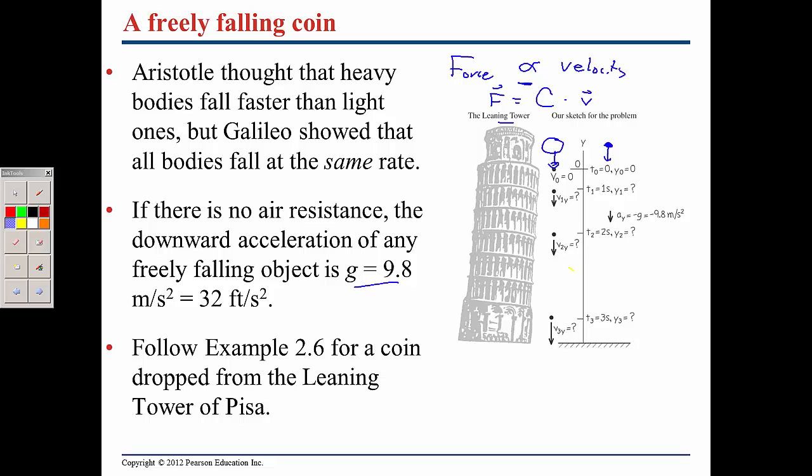And he was able to measure that rate as the acceleration due to gravity, which I mentioned on the last slide. Again, very important, this number. We're going to be using this number a lot. And you can follow example 2.6 for an actual calculation of how much the velocity and position changes. The next slide will do this also a little bit as well.